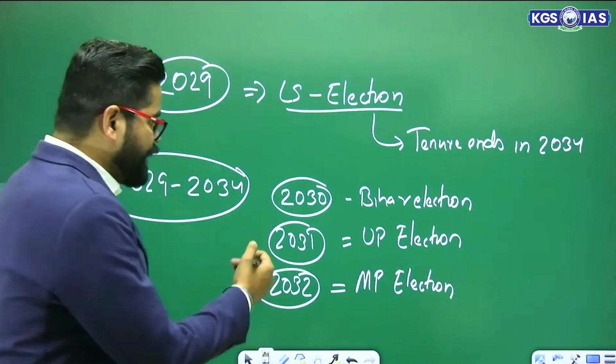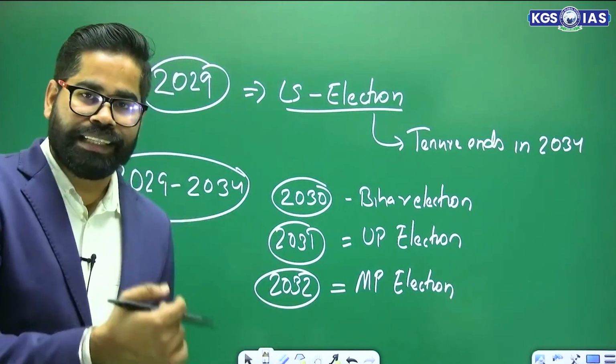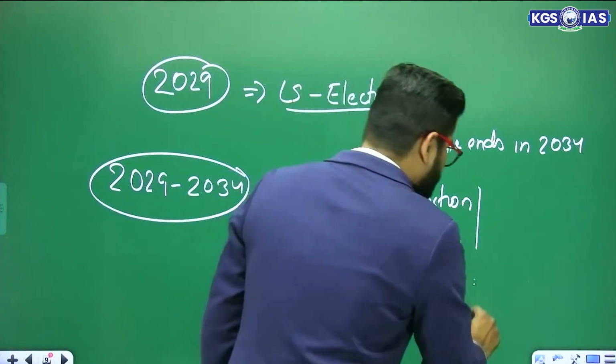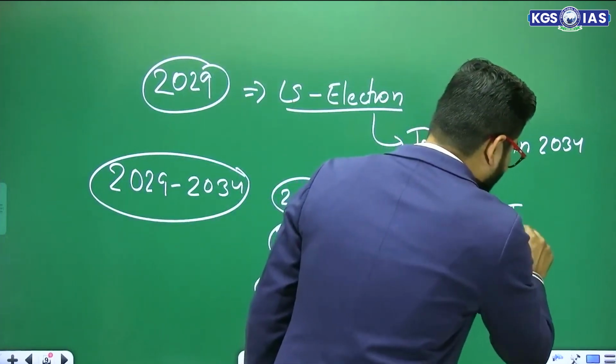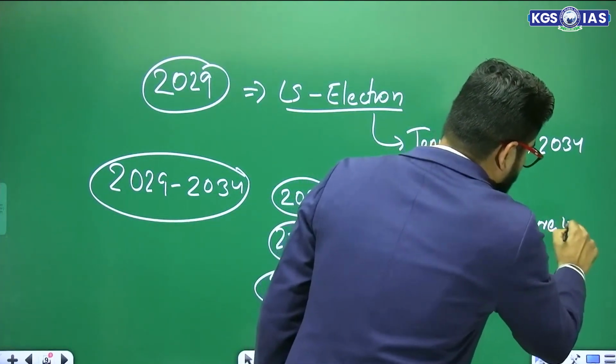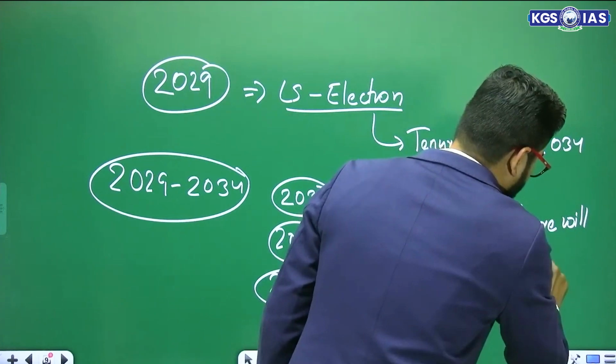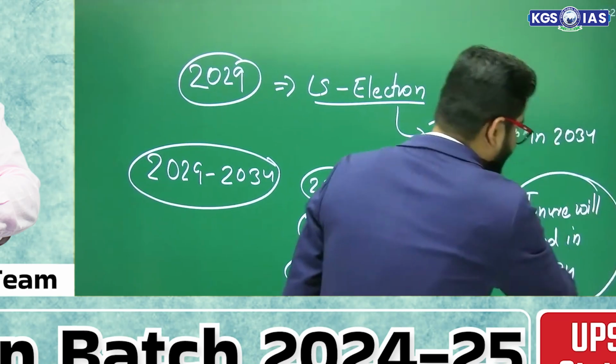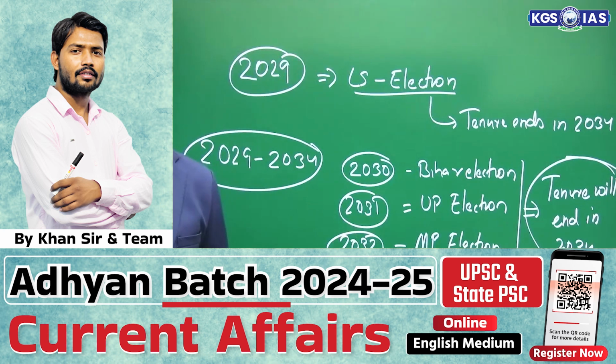So they are having 3 elections in 2030, 31, 32. Their tenure will also end in 2034.